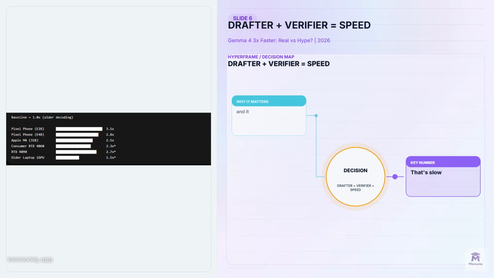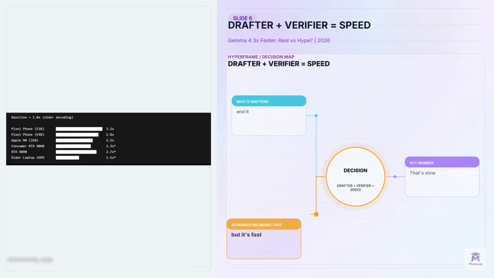So while the big model is busy processing one token, the drafter jumps ahead and guesses the next 3 or 4 tokens. Then, and this is the clever part, the big model verifies all of those guesses in parallel. If it agrees, it accepts the entire batch in a single forward pass. It even generates one extra token of its own in the process.